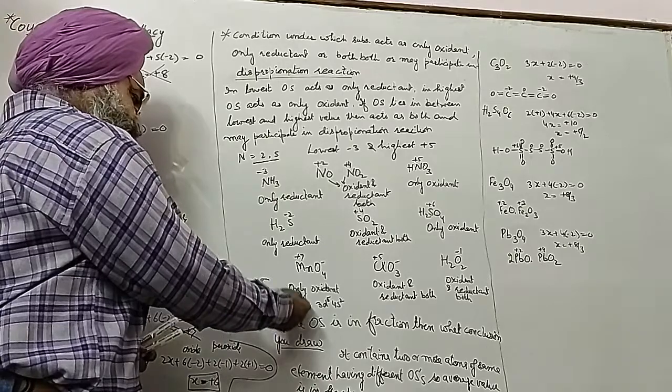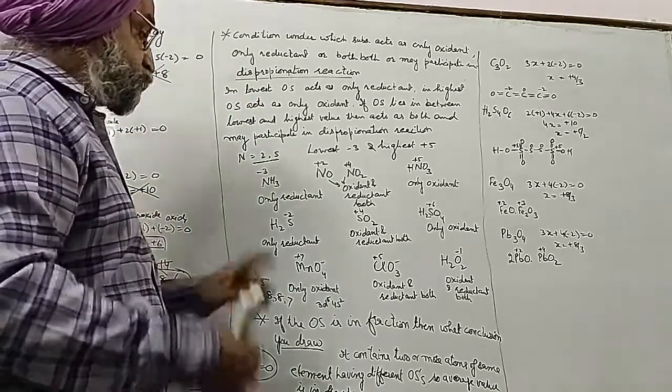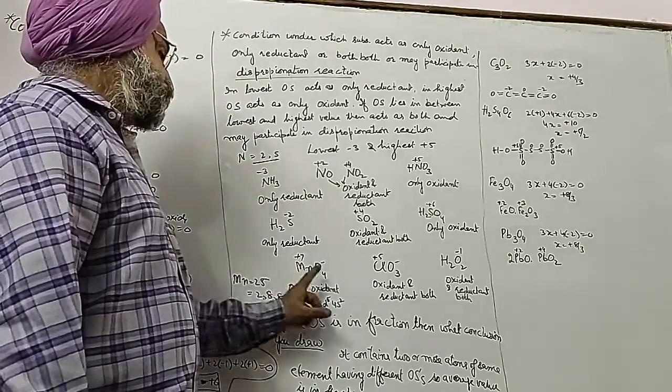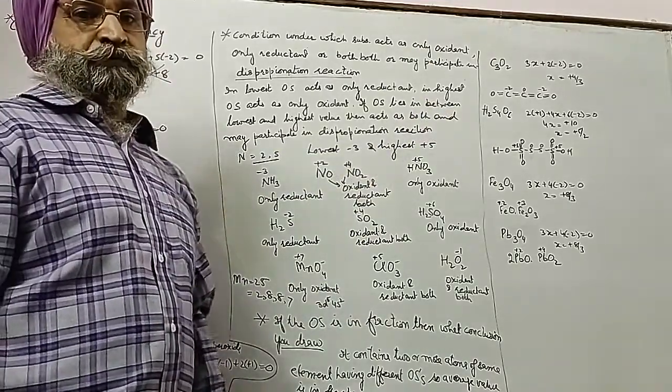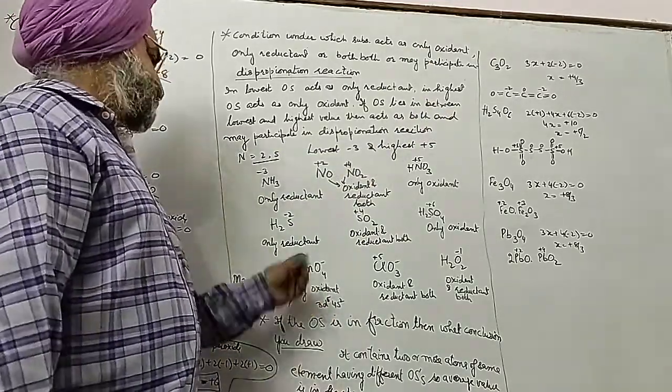So you can remove a maximum of 7 electrons. So this is the highest possible oxidation state. So MnO4 negative, it may be KMnO4, acts as only an oxidant.